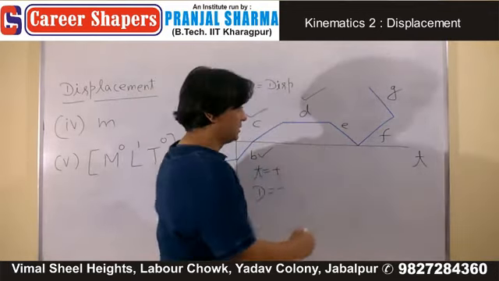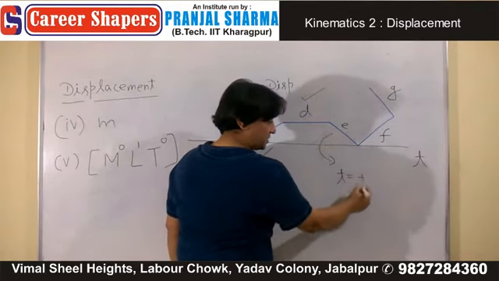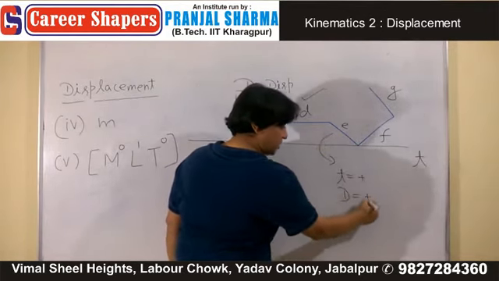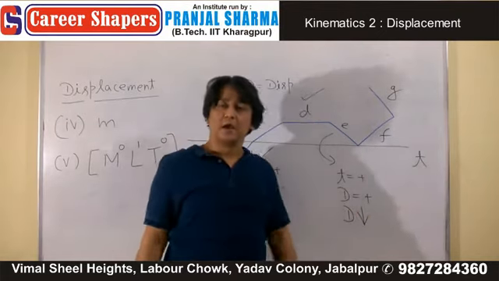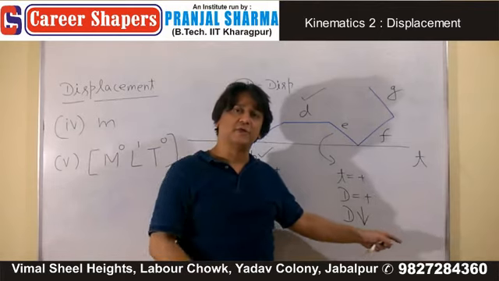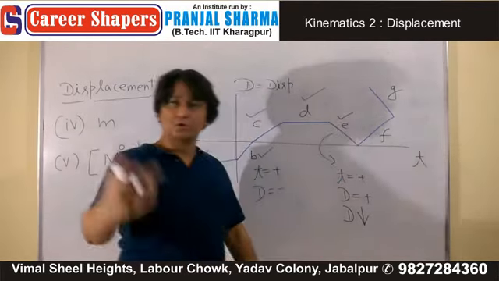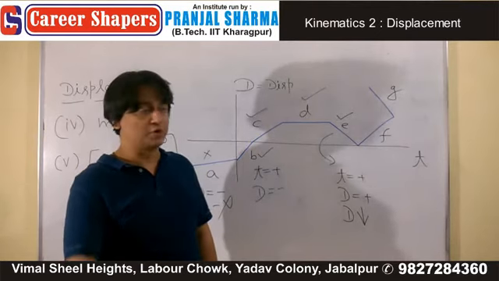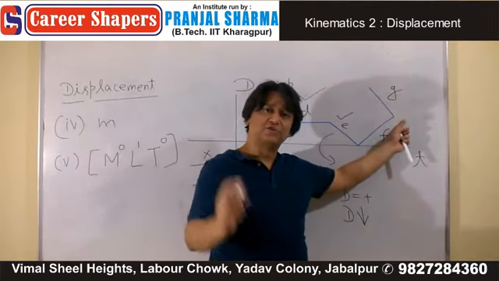Part E, time is positive, displacement is positive, displacement is decreasing. All these things are valid, nothing is wrong, and therefore portion E is also valid. F, again everything is correct.